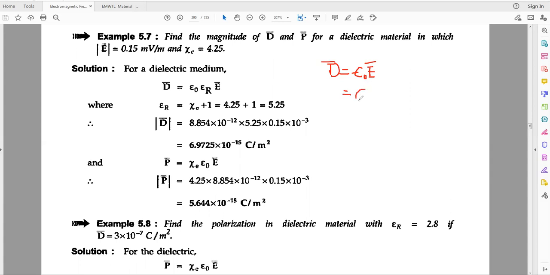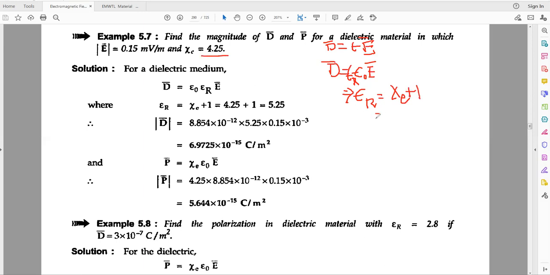Actually it is epsilon into E bar, where epsilon is epsilon naught and epsilon R. Epsilon R is equal to chi e plus 1.